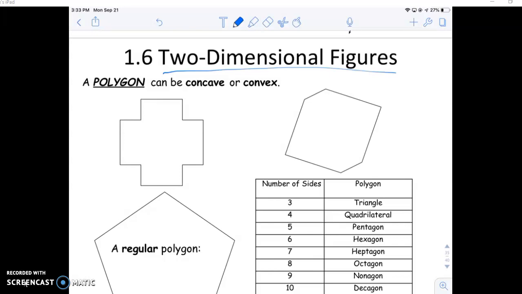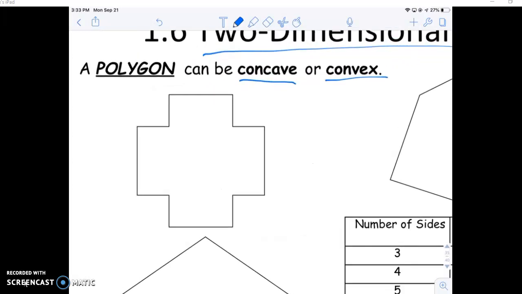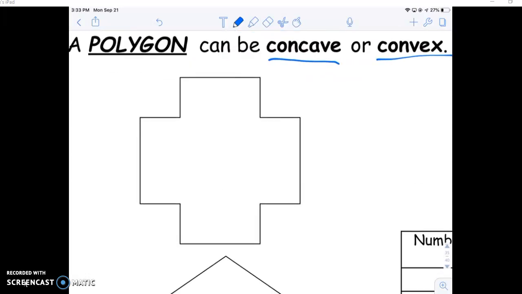But right now we're going to talk about, there's two types of polygons. You can either have a concave or convex polygon. So concave, think of it as the shape is kind of caving in. Alright, so if you look at this first figure, notice how this side is kind of caving in. And the way we can tell is if you draw a straight line along each side of the border, like this.